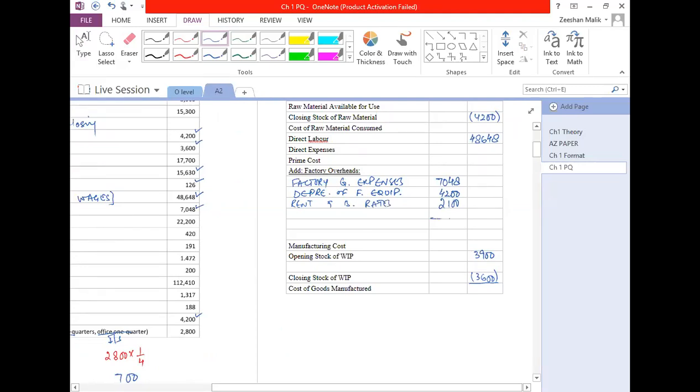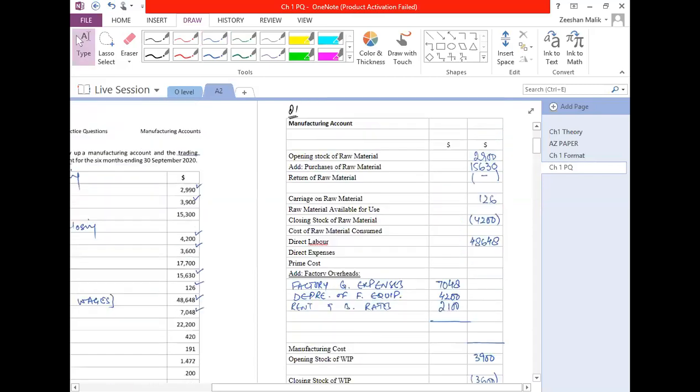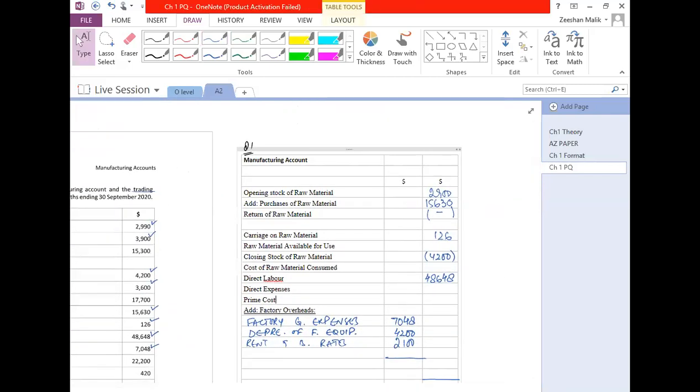Now everybody please use your calculators. Start calculation. I need the cost of raw material consumed.